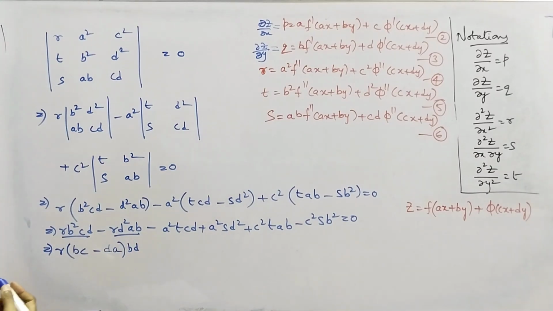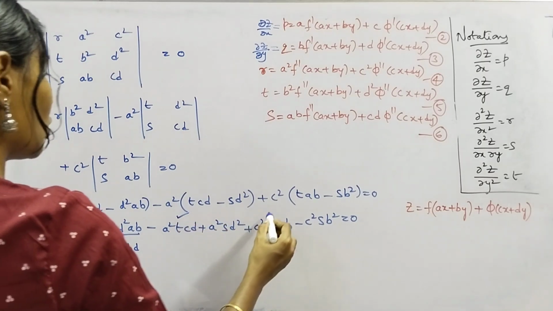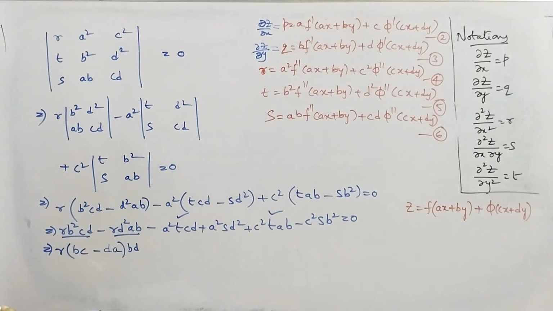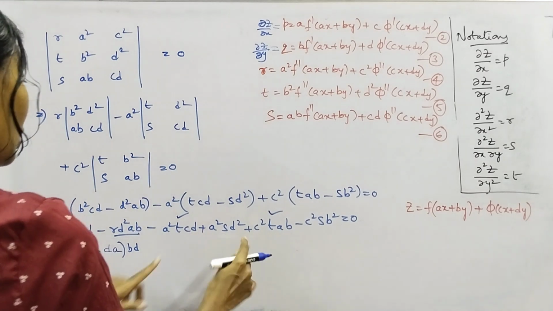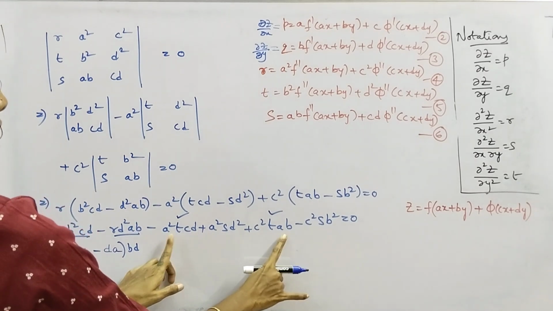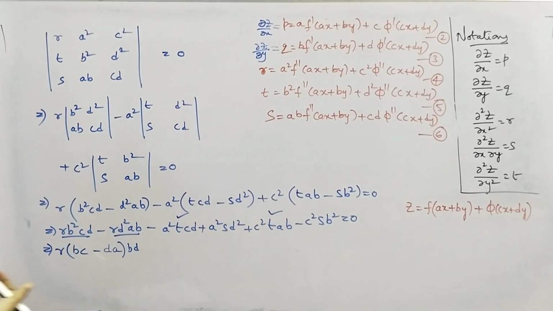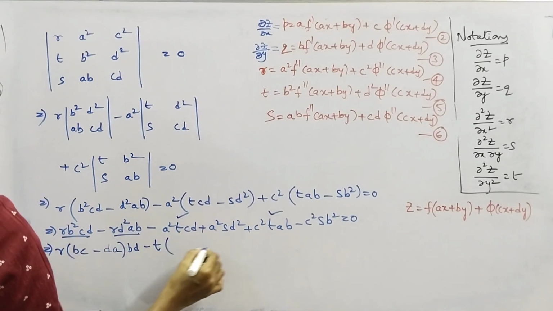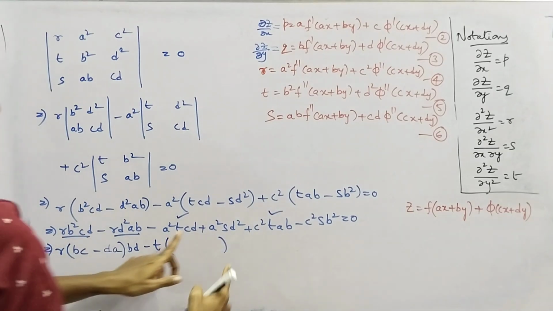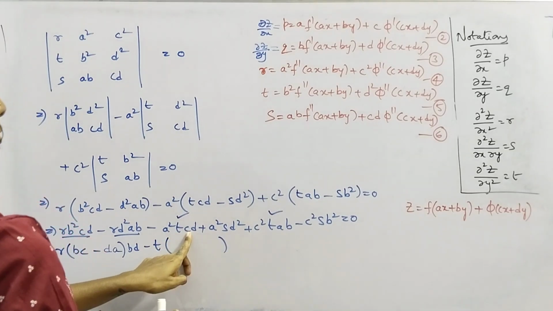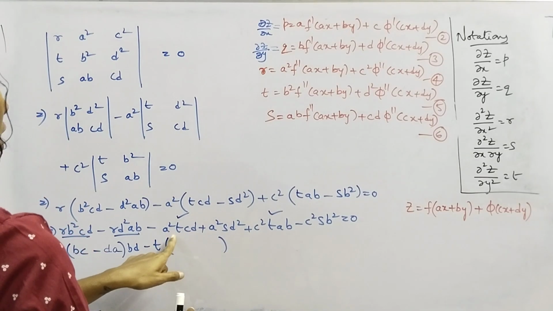Fine. Now observe the terms involving t. Here you have t, a, c common in these two terms, right? So let's take minus tac common.